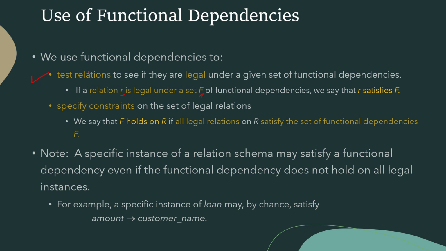We can test whether the relation is legal or not. The constraints are specified as attributes and functional dependencies, and we can check whether the relation satisfies this set of functional dependencies or not.